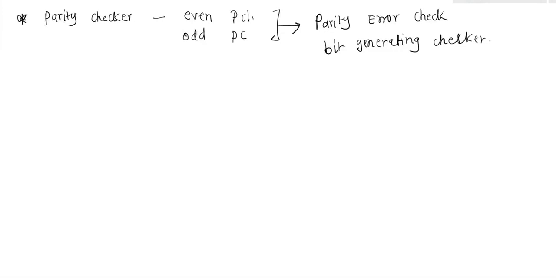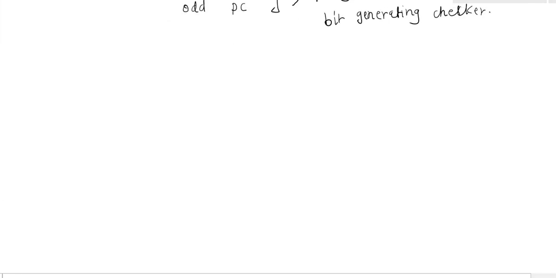Clear? Now let's take that 4 bits are received at the receiver side. 4 bits of data. Now 3 bits of message and the first one is the parity bit. 4 bits are received, 3 bits of data along with the parity bit.